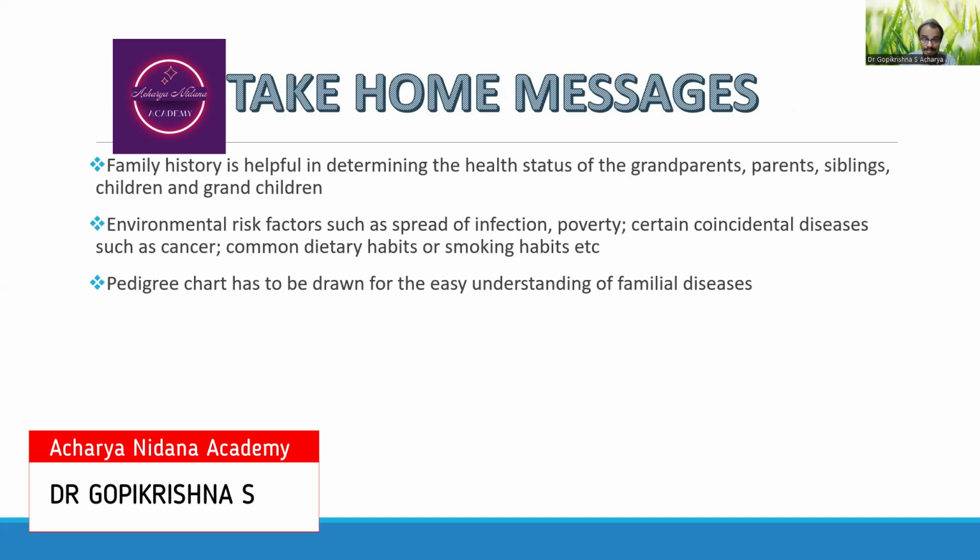This is helpful in determining environmental risk factors such as spread of infection, poverty, etc., and certain coincidental diseases such as cancer, etc., and certain other hereditary diseases, as well as noting the common dietary habits and smoking habits. A pedigree chart has to be drawn for easy understanding of familial diseases.